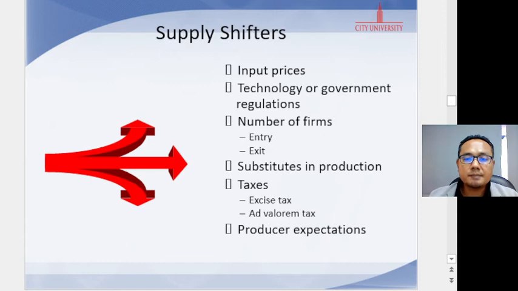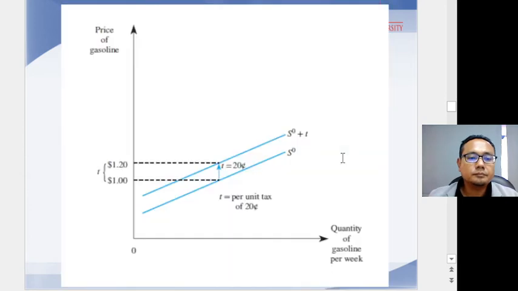If firms suddenly expect prices to be higher in the future and the product is not perishable, producers can hold back output today and sell it tomorrow at a higher price. So this has the effect of shifting the current supply curve to the left, right? This is an example of a tax effect.